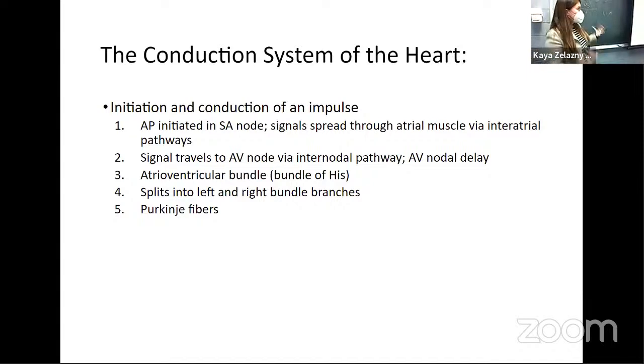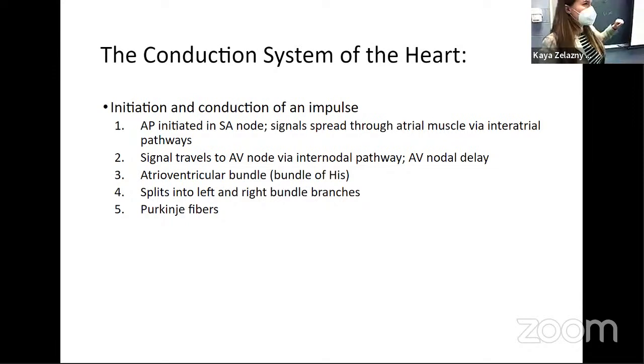So if we're following the conduction system of the heart, we're following this electrical activity, we're going to start with our action potential in the SA node, in that sinoatrial node in the right atrium. This is where our blood starts, right? That's where venous blood is collecting from the rest of the body.